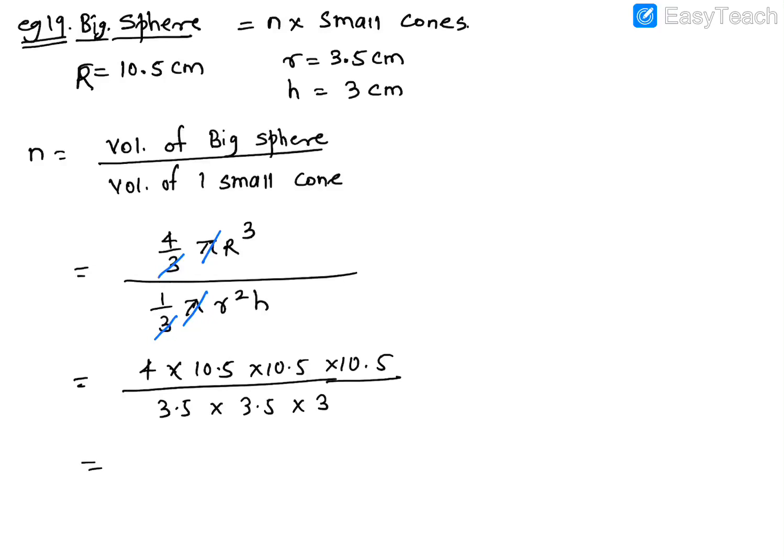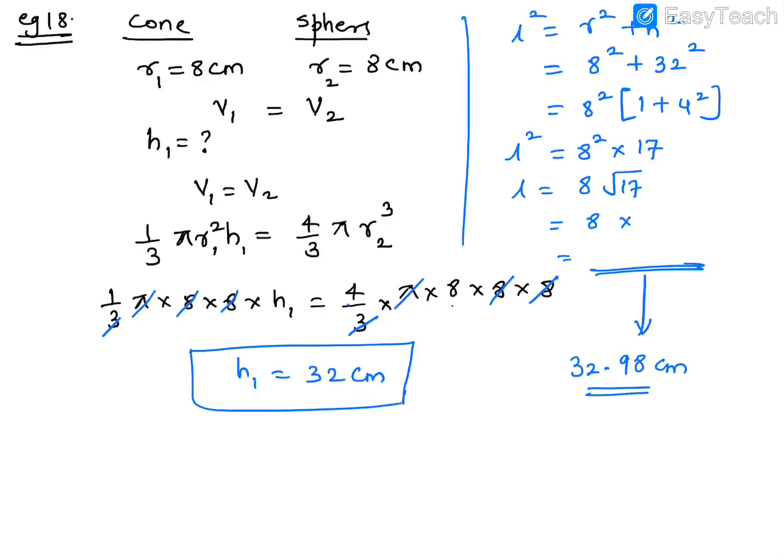Now the 3.5 ones are cancelled, the 3.5 threes are cancelled, and the 3 ones are cancelled. Now you need to multiply these numbers. So what will be 4 into 10.5? So it will be 42. 42 into 3, 126.